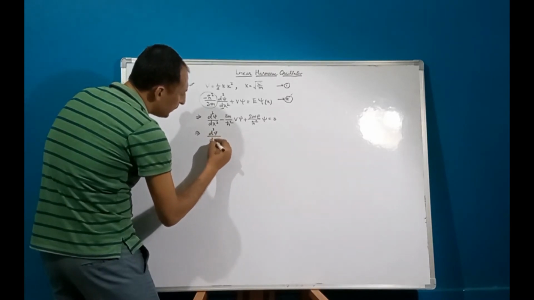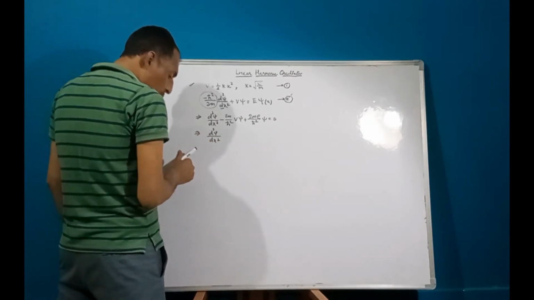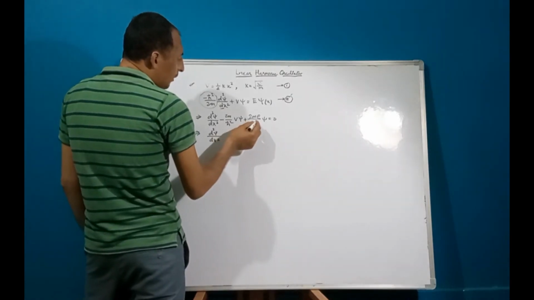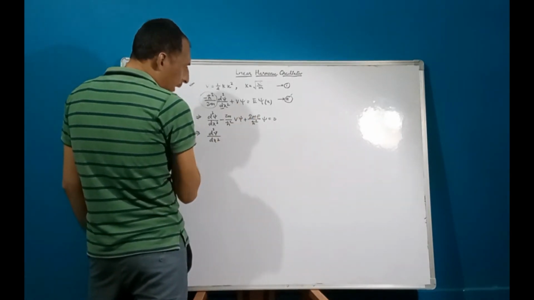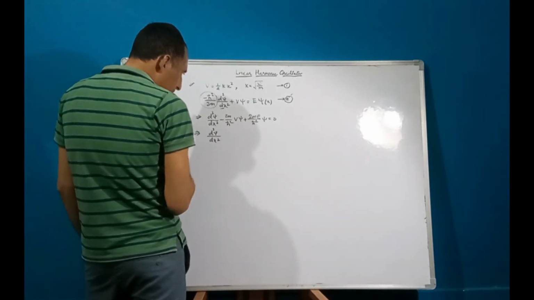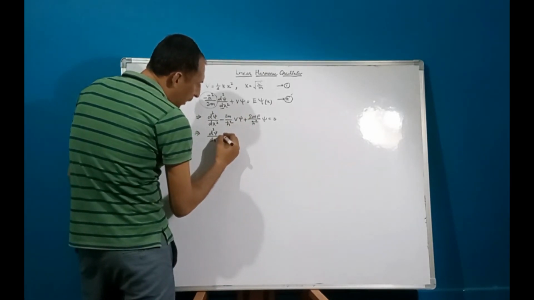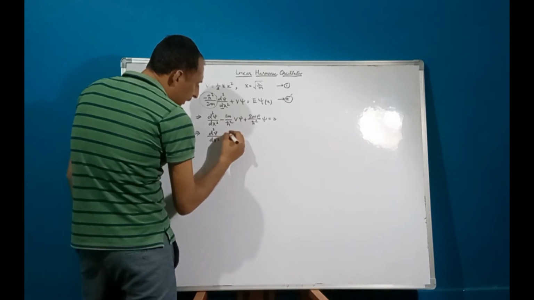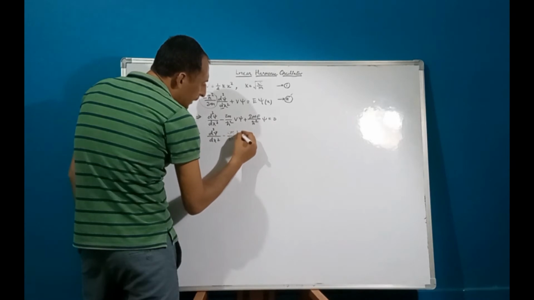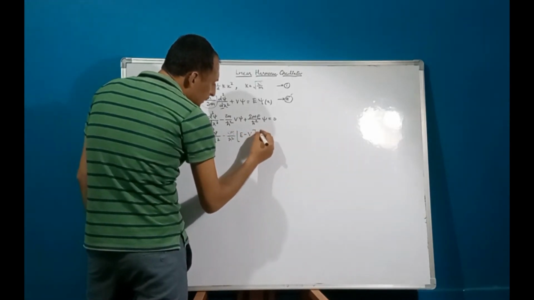Now what you can do is take twice m over h cross square outside, and then we can simply write it as d2 psi over dx square plus twice m over h cross square within bracket E minus V psi.